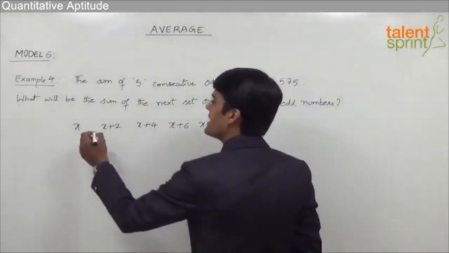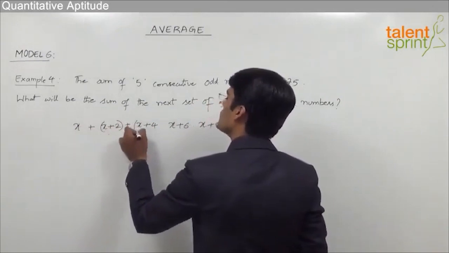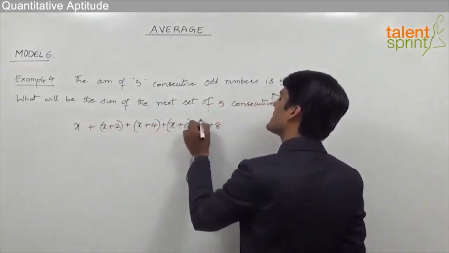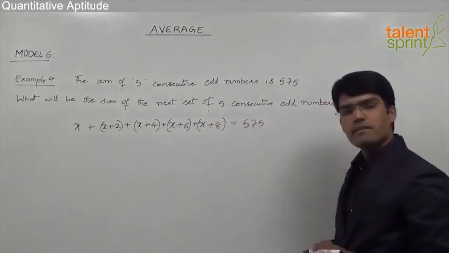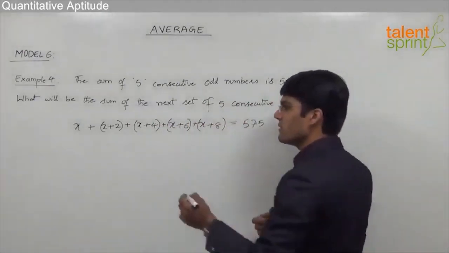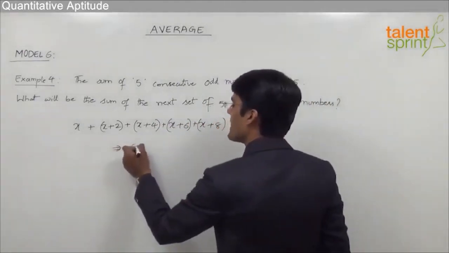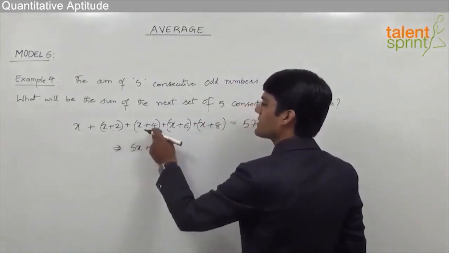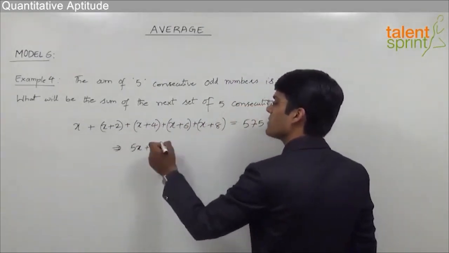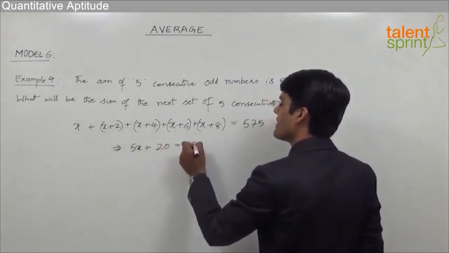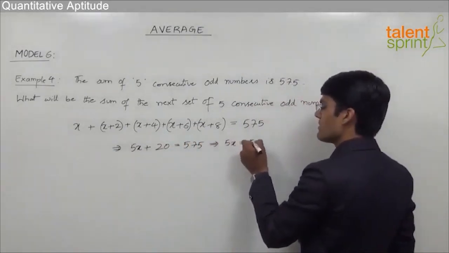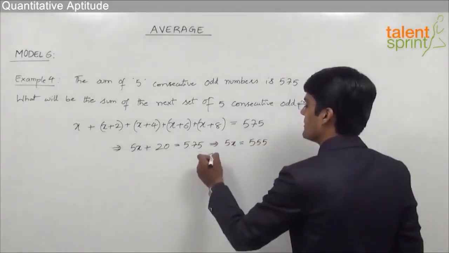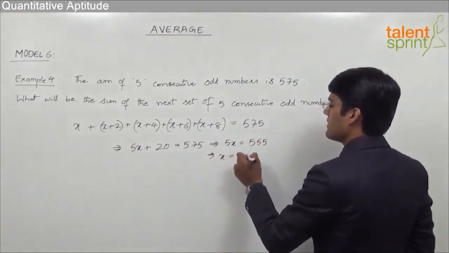So we can say that x plus x plus 2 plus x plus 4 plus x plus 6 plus x plus 8 is equal to 575. Now by solving this equation we get 5x plus 2 plus 4 is 6, plus 6 is 12, plus 8 is 20, which should be equal to 575. That means 5x is equal to 555, and from this x will be equal to 111.